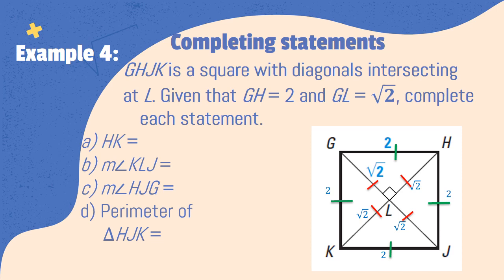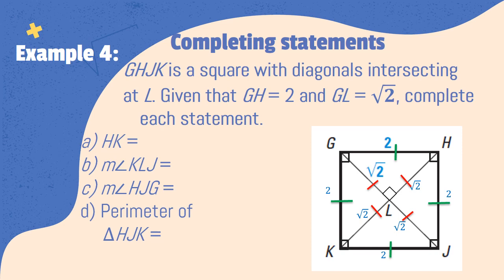Also, since GHJK is a square, each of the angles of this figure measures 90 degrees. So the angle KGH measures 90 degrees. The angle GHJ measures 90 degrees. The angle HJK measures 90 degrees, and the angle JKG measures 90 degrees.